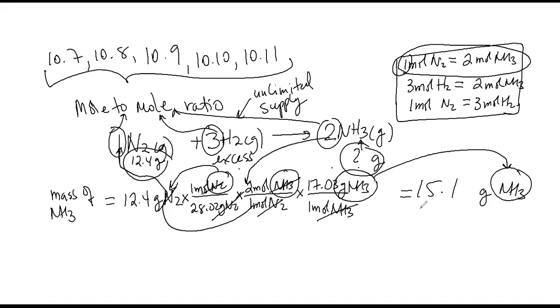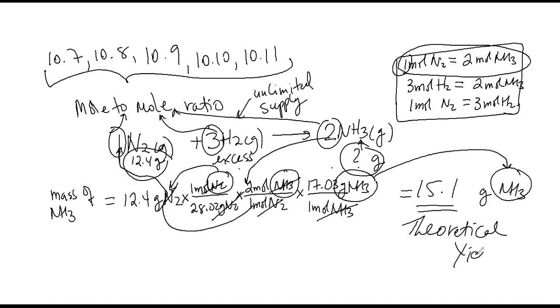Okay, so what did I just do, guys? Well, if I'm given 12.4 grams of, my apology, nitrogen gas, and I'm reacting it with excess amount of hydrogen gas, I should get 15.1 grams of the product. So without doing any experiments, I just found the theoretical yield.